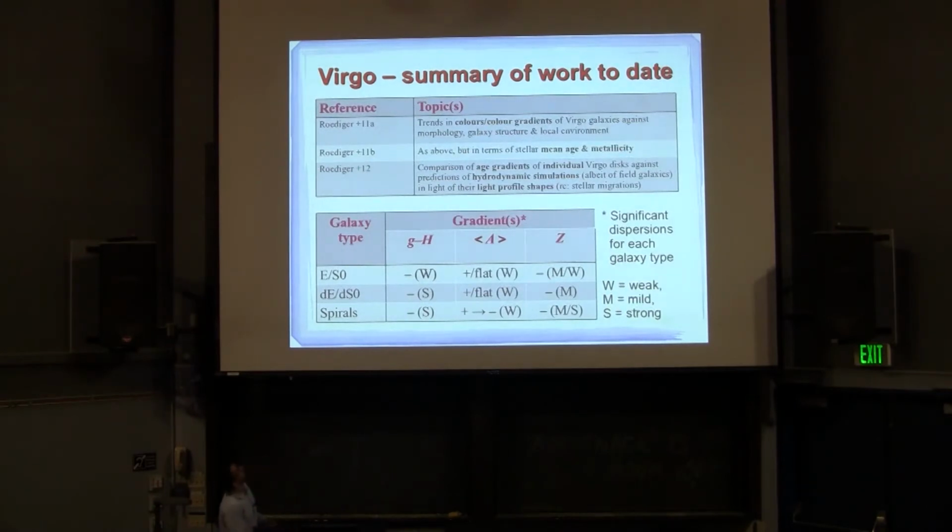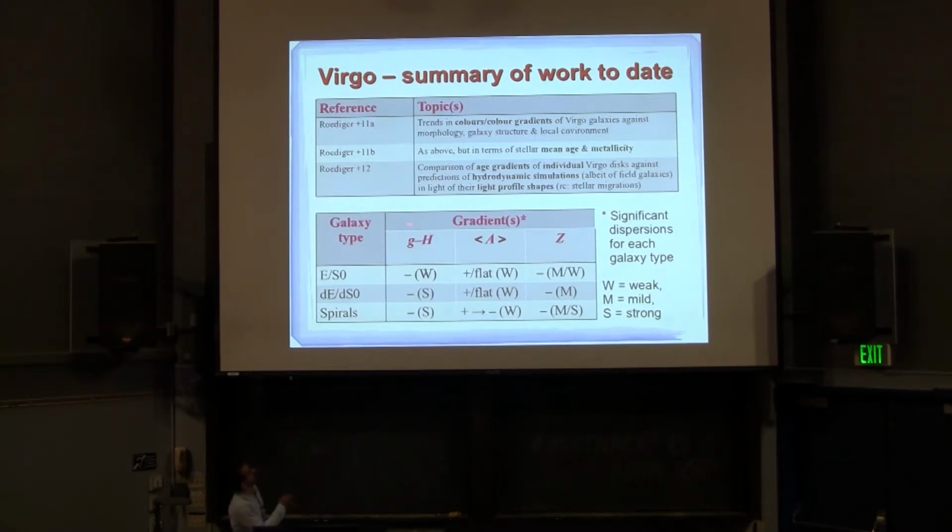So much work has been done between Stefan and I so far on the SHIVER survey. Here's just a quick executive summary of what we have accomplished. Back in 2011, we put out a couple of papers on the colors and color gradients, as well as the transformations of those colors into mean age and metallicity measurements, and looking at things like trends in those properties with morphology, galaxy structure, environments, and so on and so forth.